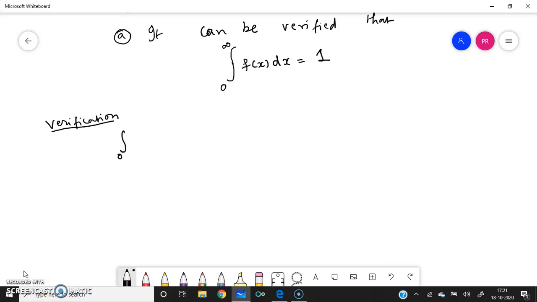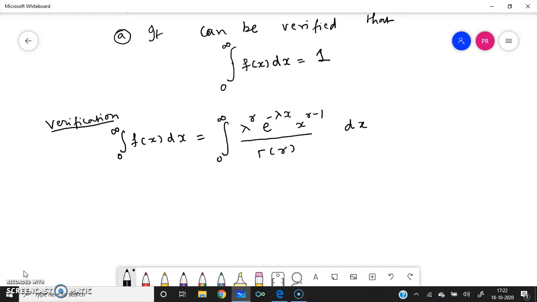What do we want to prove? The integral from 0 to infinity of f of x dx, that is, the integral from 0 to infinity of lambda to the power of r, e to the power of minus lambda x, x to the power of r minus 1, divided by gamma of r, dx.